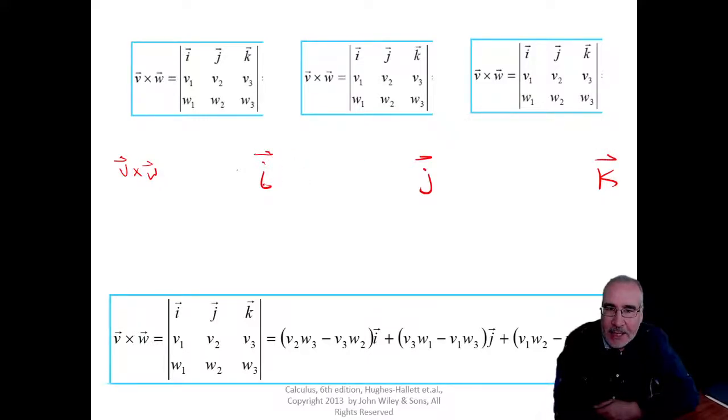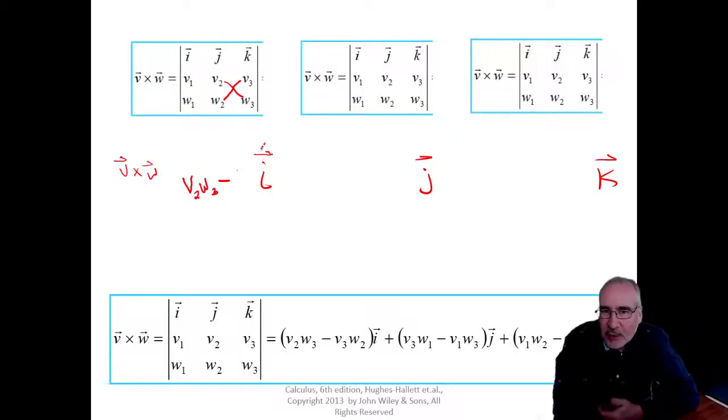Okay. To get the I component, what do we do? A cross product of V2 times W3. Remember those are the components from J and K, V2, W3, and we'll do an example together, and then we subtract the cross product V3, and again, these are numbers, right?